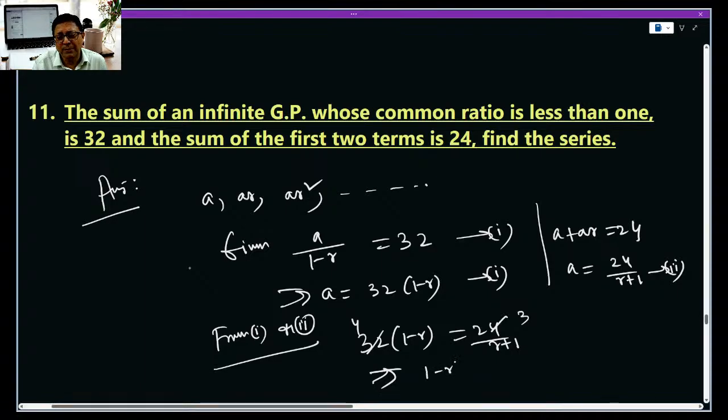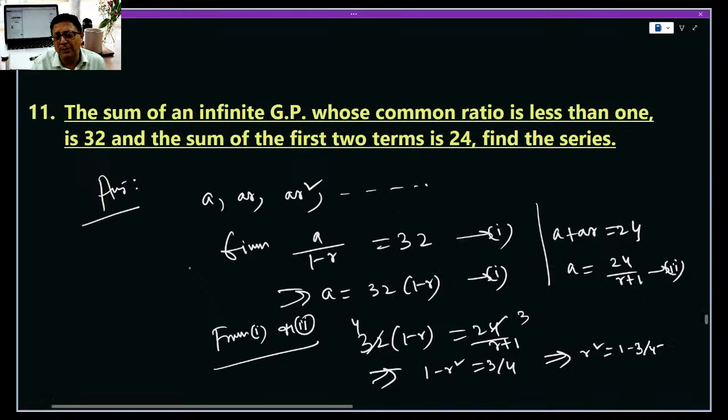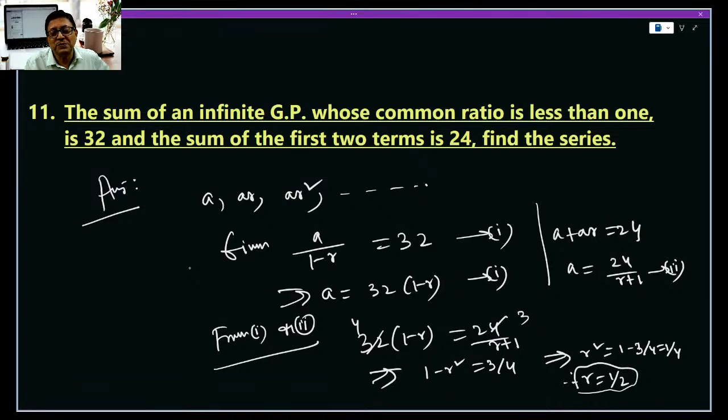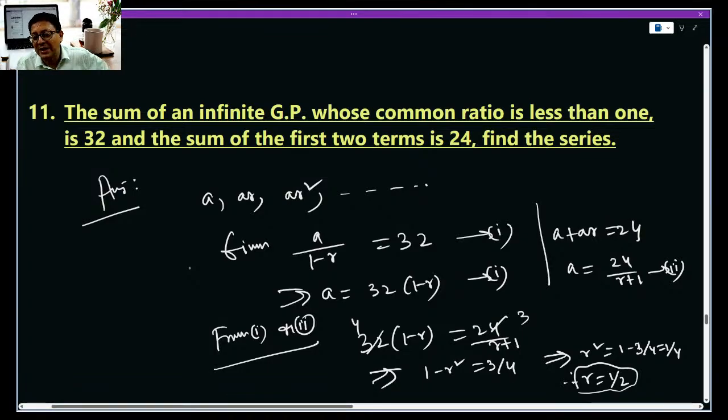So 1 minus r square is 3 by 4, r square is 1 minus 3 by 4, which is 1 by 4. So how much is r? r is equal to 1 by 2. Do you take plus minus? They haven't told that it is positive, but the sum of the first two terms, 24, is given. So r you will take as half, not plus minus half.